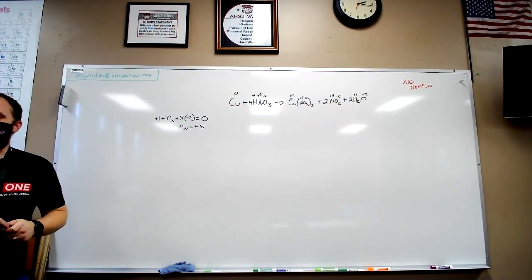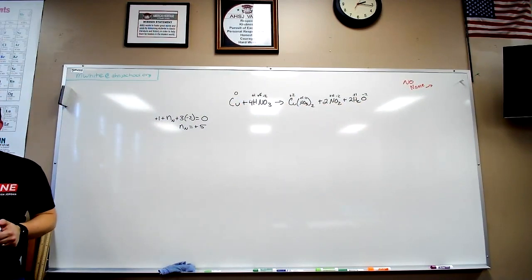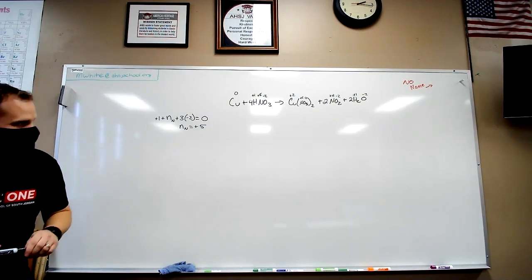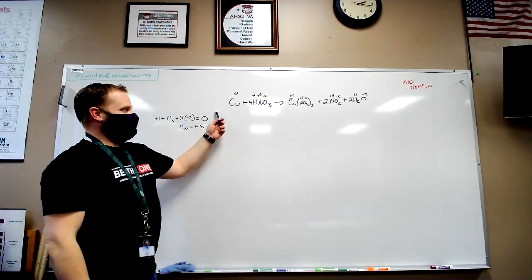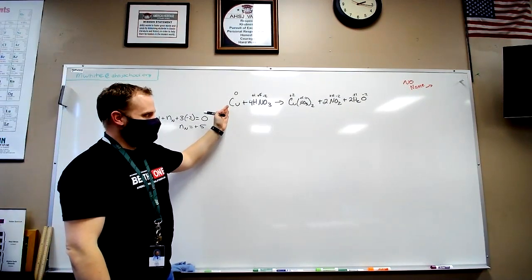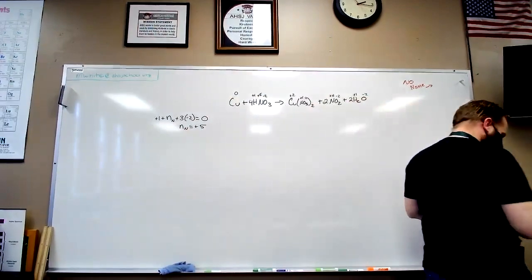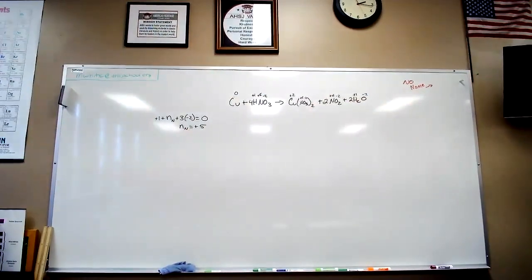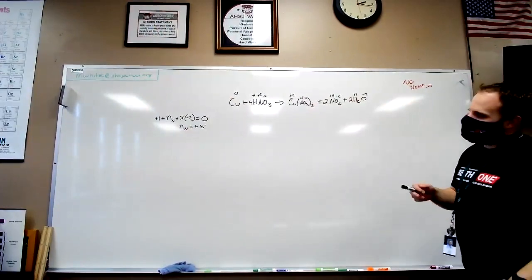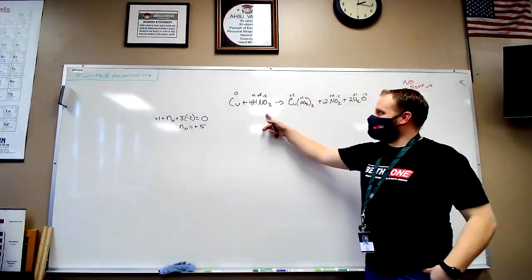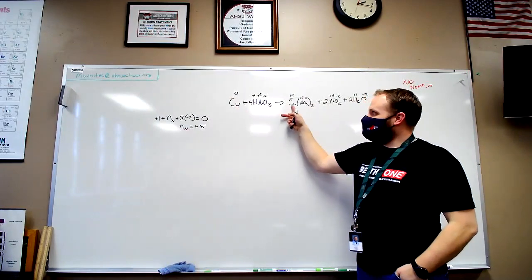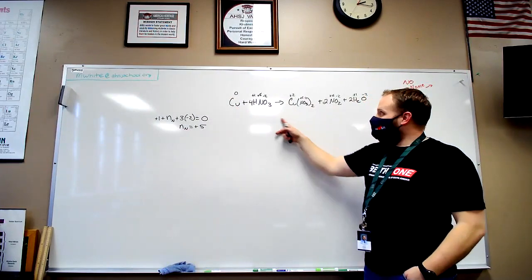The hardest part is assigning the oxidation numbers. Remember, when you have the change in oxidation numbers, you need to look at it, because this one changed a total of 2, but this only changed a total of 1.